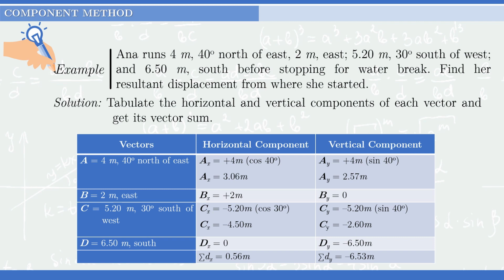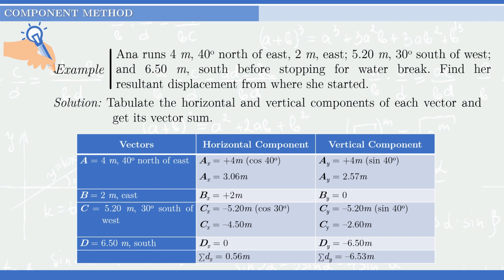To solve for vector B, we have 2 meters east. Since east only lies on the horizontal, we only have a value for the horizontal component, while the vertical component has no value. It follows that the horizontal component for vector B is 2 meters.